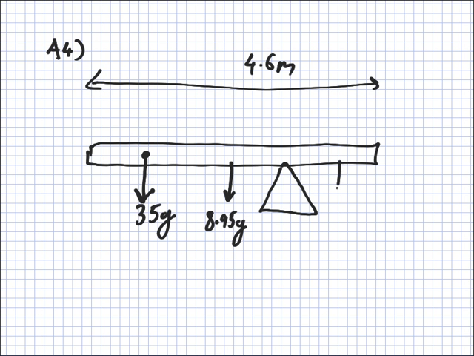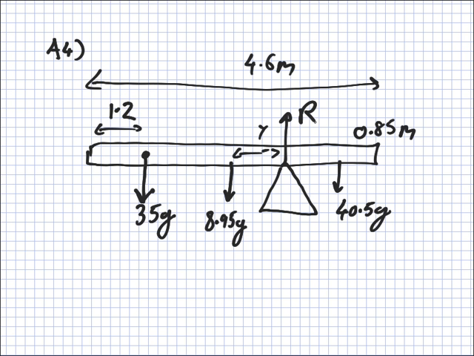There was something else here as well of 40.5 G, and this distance is 0.85 meters, and this distance here to here is Y. Oh, and this distance here we know is 1.2, and there's another force here, the reaction.